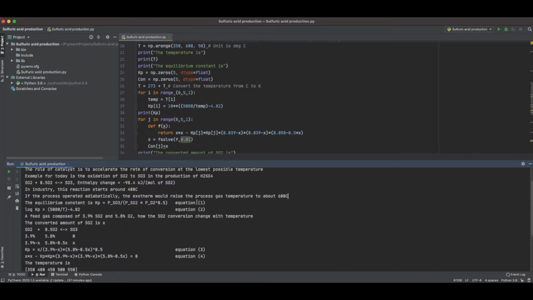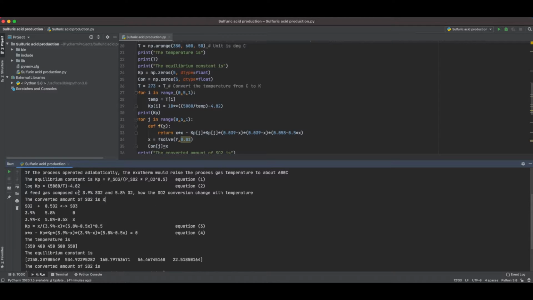As shown in equation 1, this equilibrium constant is a function of SO3 pressure, SO2 pressure, and the oxygen pressure at the equilibrium. And it is also a function of temperature, as shown here in equation 2. So for a given temperature, we are able to calculate the equilibrium constant.